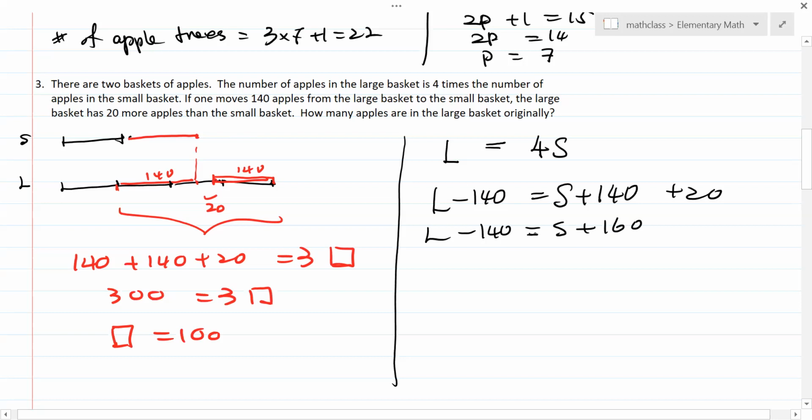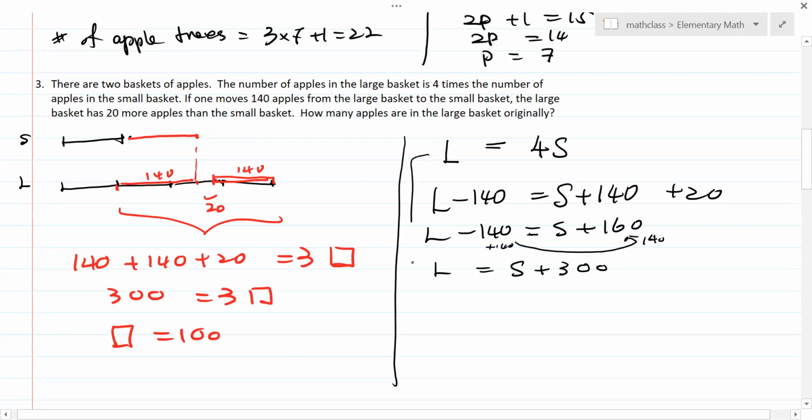You can add the 140 to both sides. So you get L equals S plus 300, right?